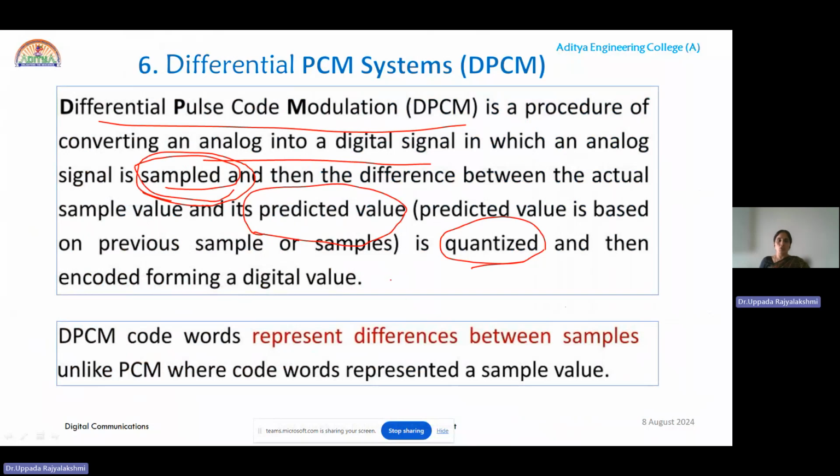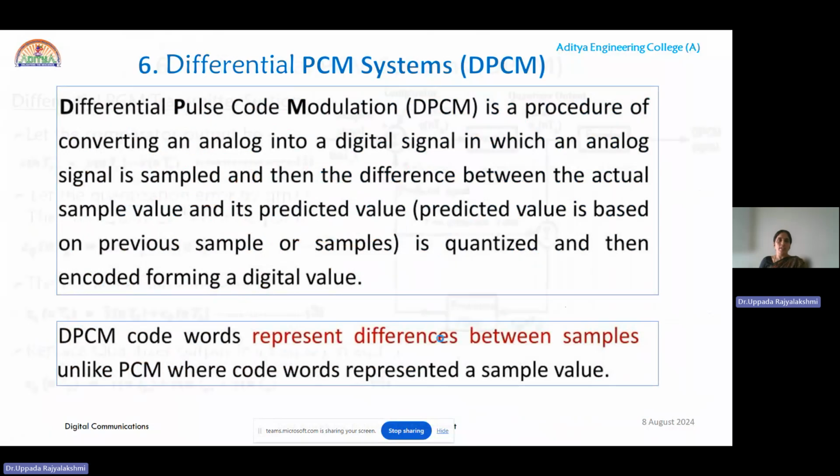That's why in differential PCM, the difference between the present sample value and the predicted value, that is the past value, is taken, and that is quantized and encoded. In DPCM, we transmit only the difference between the samples, unlike PCM, where each code word represents a sample value. Here, all the sample values will not be transmitted, only the difference between the samples will be taken into account.